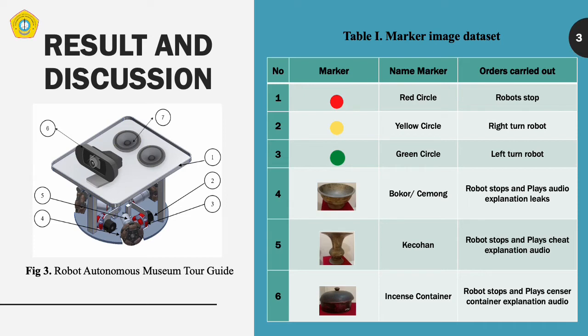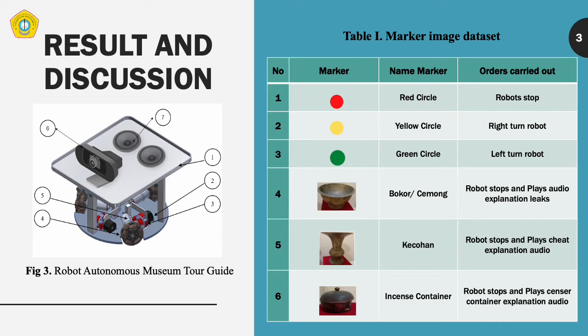Autonomous museum robot circuit. Number 1, the top section, is useful to place the camera and speaker. Number 2, external rotary encoder. This device has an important role in building the trajectory mapping system on the robot.